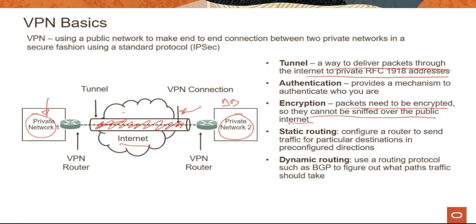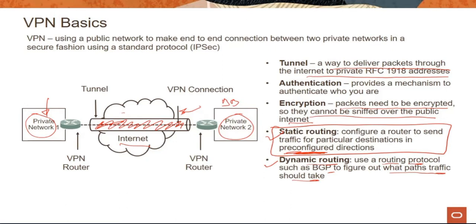One is static routing, when you configure a router to send traffic for particular destinations in pre-configured directions, and the other is BGP, dynamic routing, where we use a routing protocol like BGP to figure out what paths traffic should take. It used to happen that OCI only supported static routing for a while, but now we support both static and dynamic routing, and I'll show this in the demo when we go into the demo.